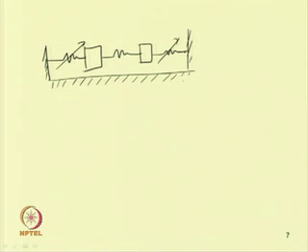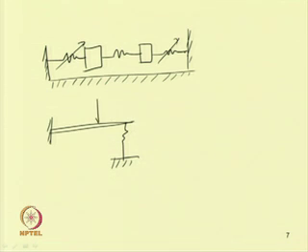In that case we can write the equation with a 2 degrees of freedom system only. But let us take a cantilever beam, supported by some spring and applied with some load.